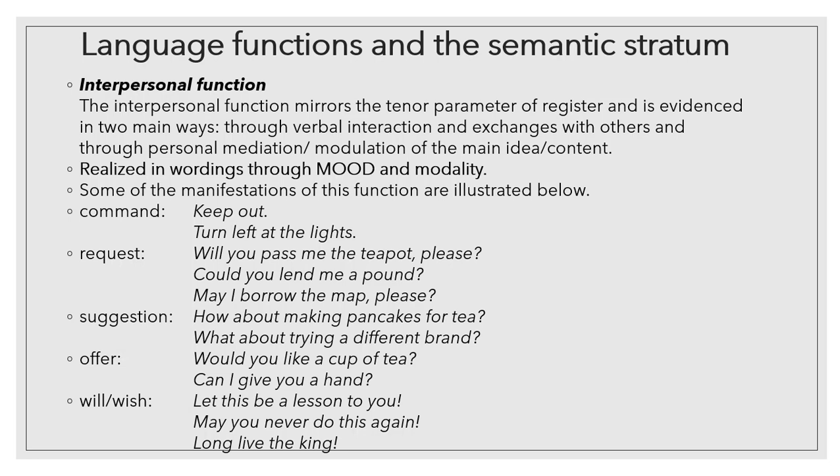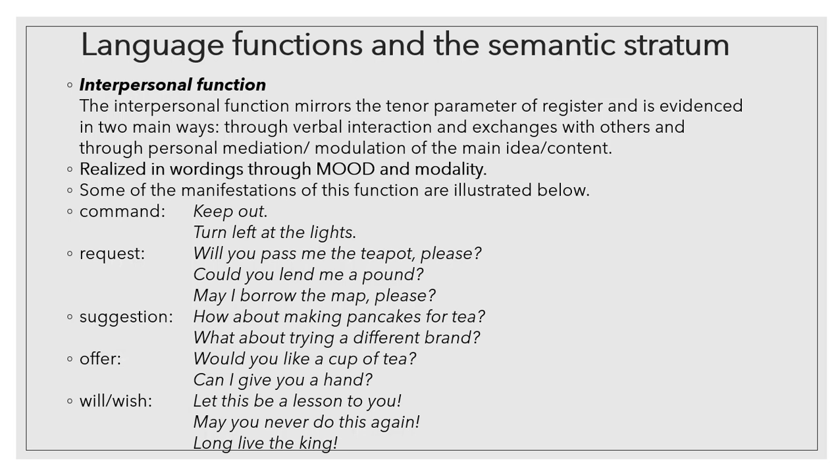It is evident in two main ways: through verbal interaction and exchanges with others, and through personal mediation or modulation of the main idea or content. So when we talk about interpersonal function, we are going to realize it from mood or modality. Modality, you remember about modals: can, could, and so forth.